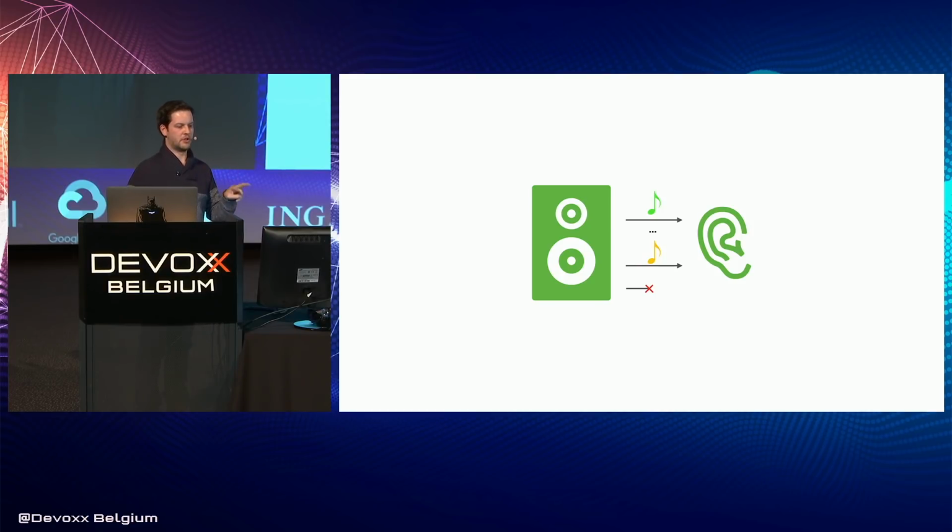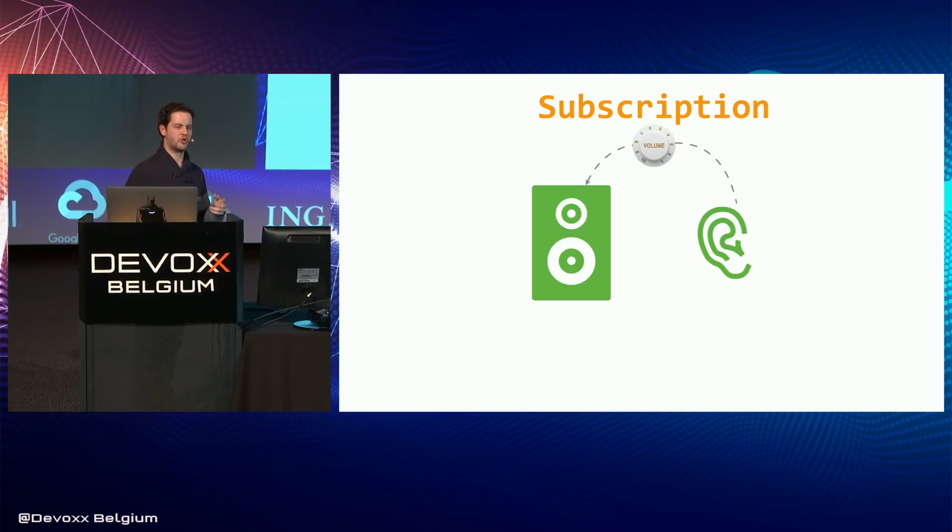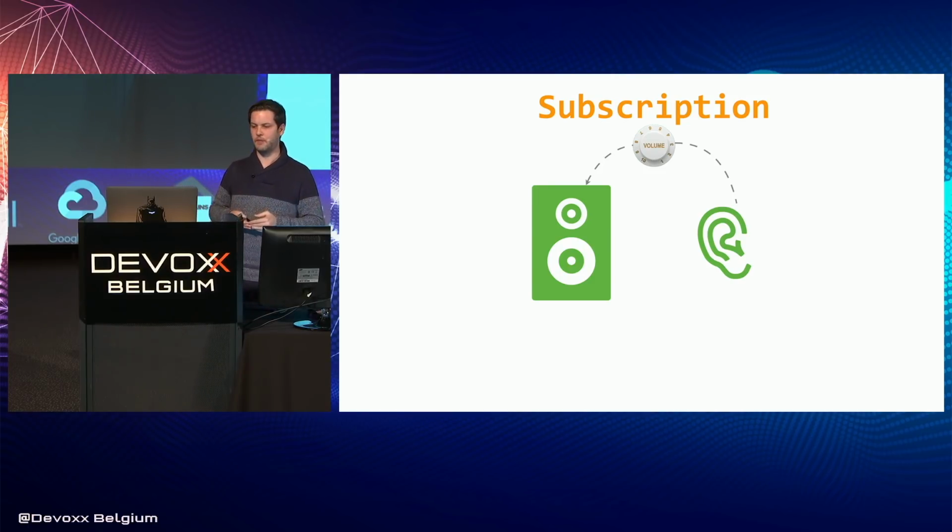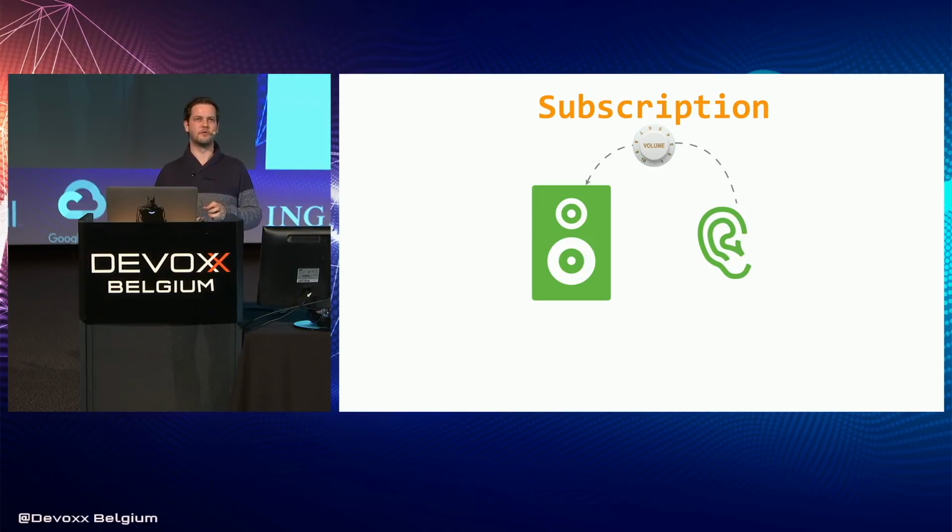So there's publisher, subscriber, and actually there's something in the middle, which is called the subscription. The publisher gives that subscription to the subscriber, and the subscriber can use that to fine-tune the volume, if you will. So the subscription allows you to express a demand for data. You say, okay, I'm only ready to consume, say, 10 elements.